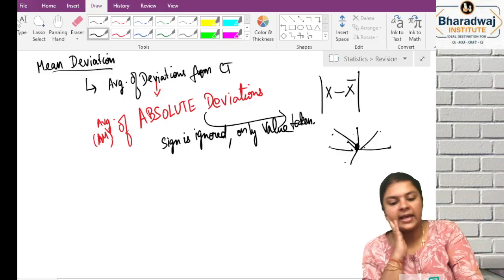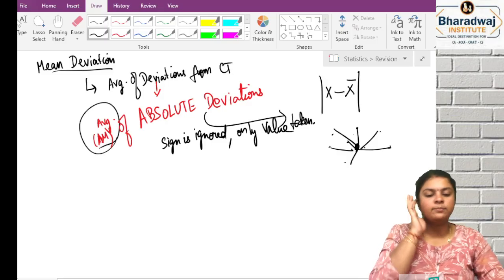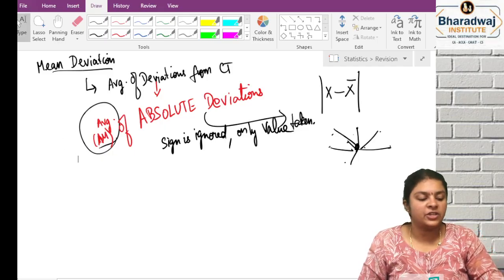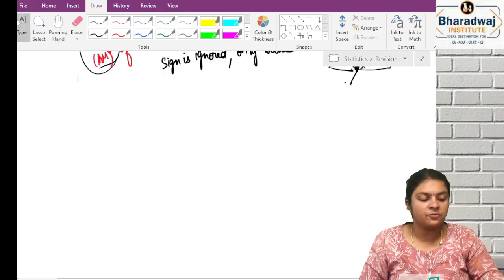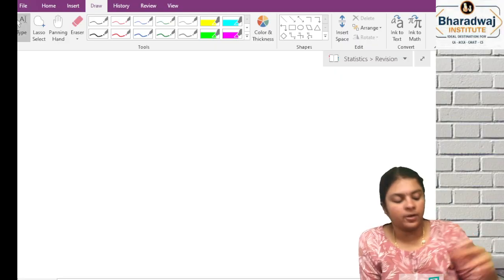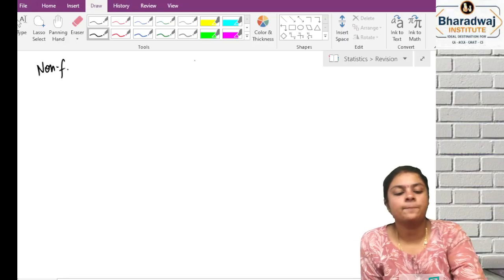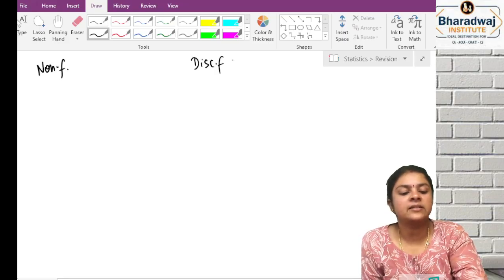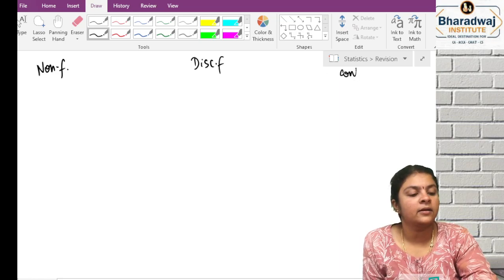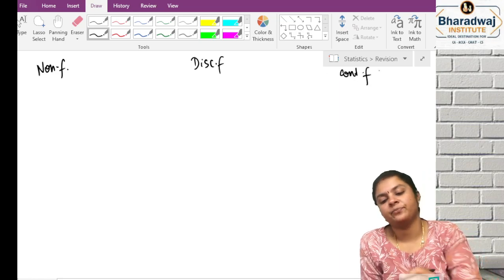Now it is taken as the average, or arithmetic mean, of absolute deviations. So what will be the formula? We learned the formula under three levels: non-frequency, discrete frequency, and continuous frequency.